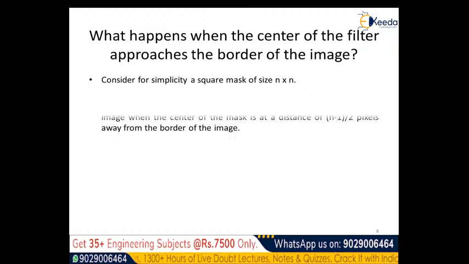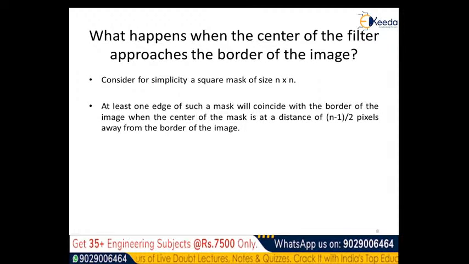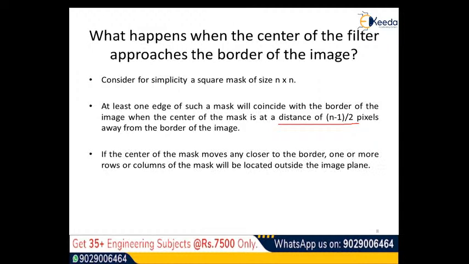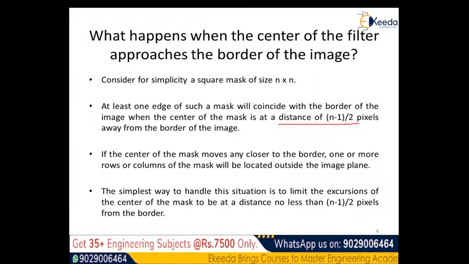At that time, the criterion for operating this mask is to maintain a distance of (n minus 1) by 2 pixels from the border. If this is the case, we shall have the output pixels inside the border, so we shall have a limited size. The simplest way to handle this situation is to limit the excursions of the center of the mask.